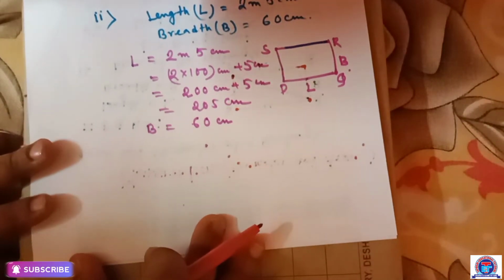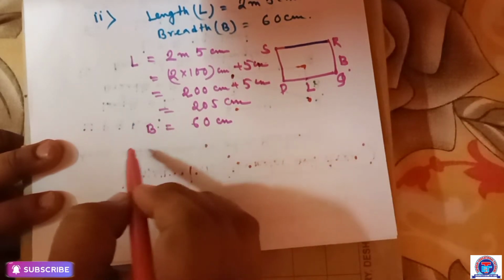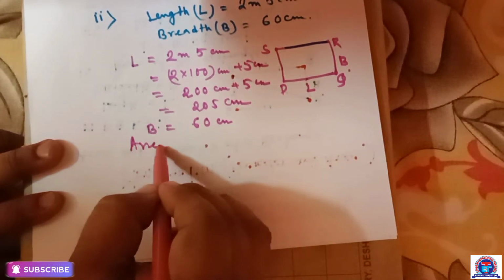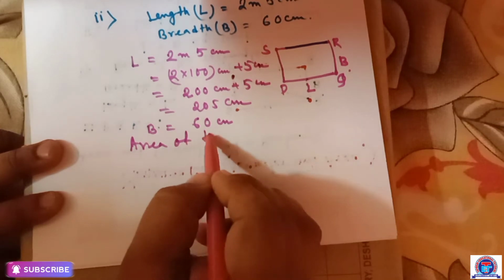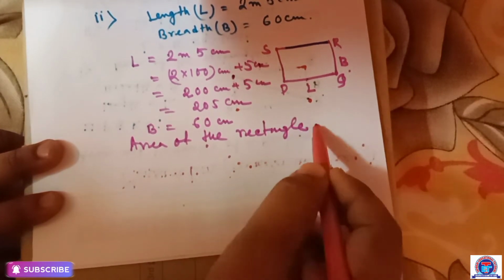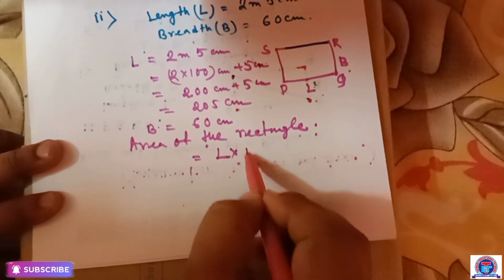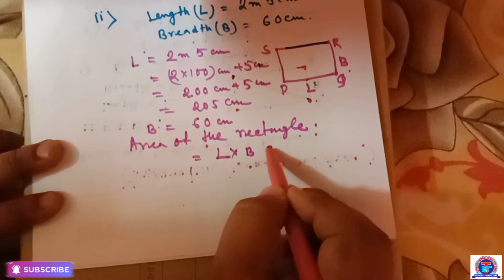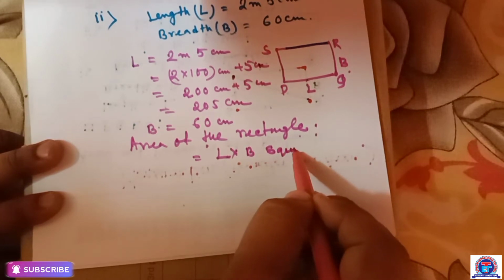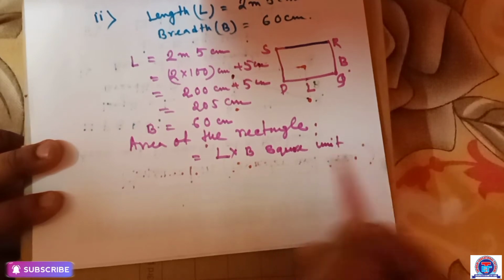Now we find out the area of the rectangle. So we write area of the rectangle is equal to length into breadth square unit, that is centimeter.